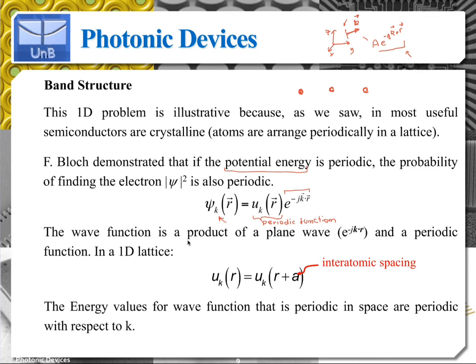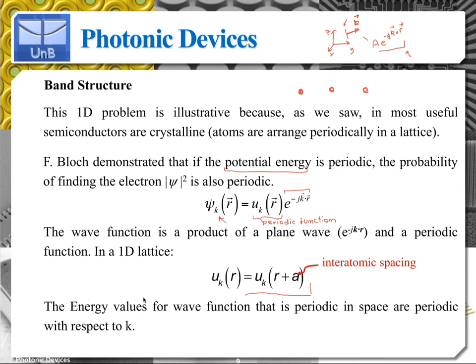So the wave function is a product of a plane wave and a periodic function. In a one-dimensional lattice, the periodic function is such that u of k at position r is equal to u of k at position r plus a. So this is the period right here, and this just states the fact that the function u is periodic with a period a. Okay, so what we just said.